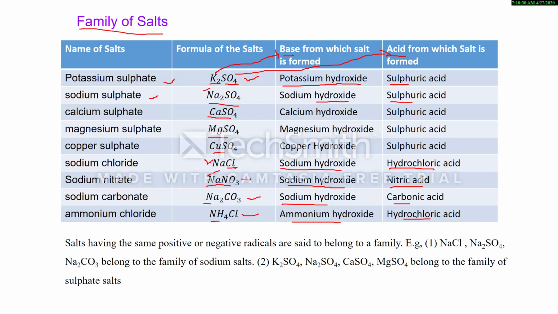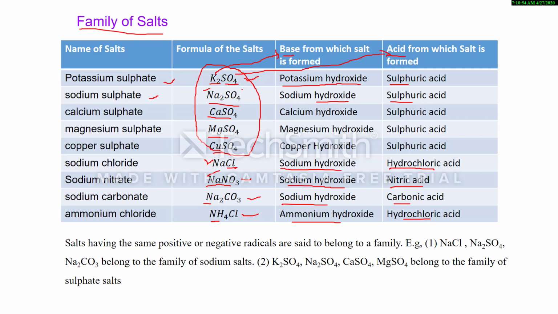Is it clear? Now observe these compounds: which is common among these? You can say sulfate is common. So we can say all these salts belong to the family of sulfate. Is that clear?